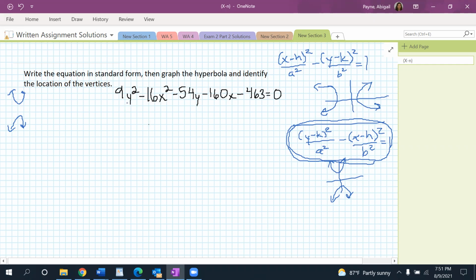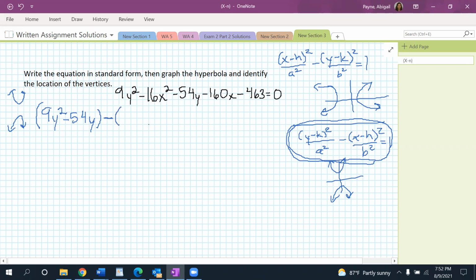I'm going to start by collecting the y terms in one parentheses: 9y squared, 54y. Then I group the x terms in another parentheses, and I'm going to pull out the negative.